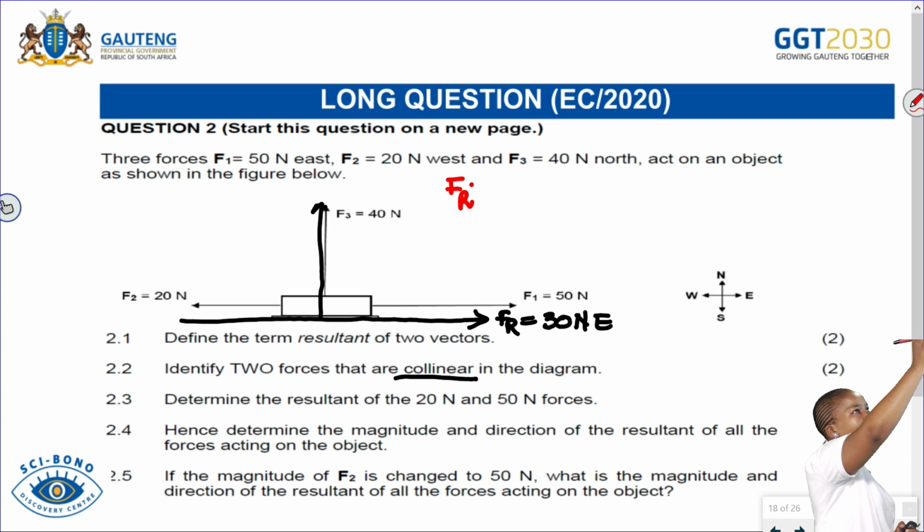FR squared is equal to X squared plus Y squared.